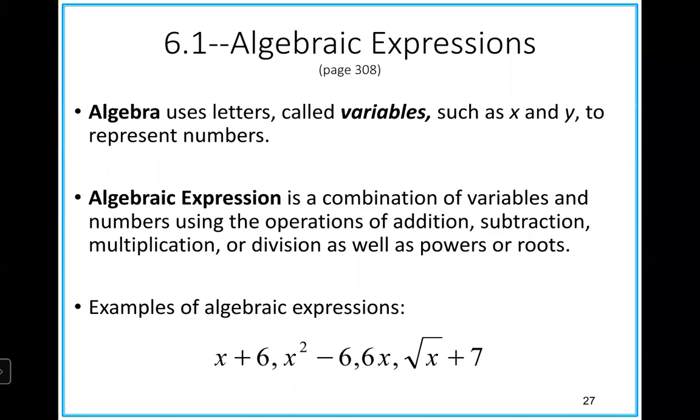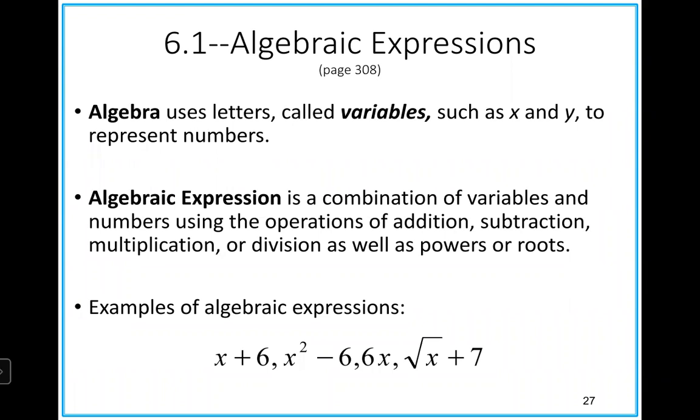I guess most of you will remember that when we talk about algebra, we are using letters or variables to represent unknown numbers. That's the feature of algebra. An algebraic expression is a combination of variables and numbers, using operations such as addition, subtraction, multiplication, and division, as well as exponents, powers, or roots.